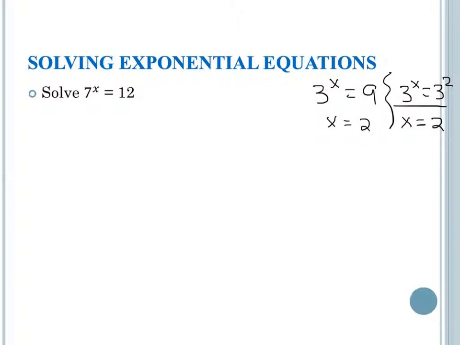On the other hand, 7 and 12 have absolutely nothing in common in terms of the base. So we need to use a property of logarithms to be able to take the x out of the exponent. This is called the power rule. So we can take either the natural log or the logarithm of both sides.